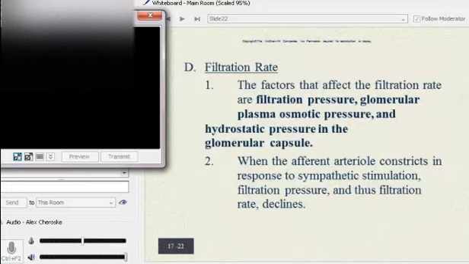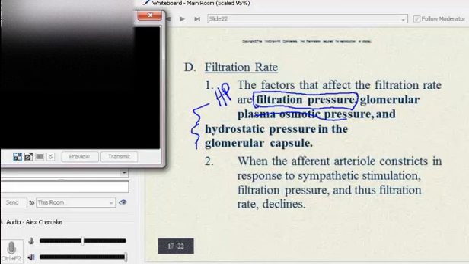Okay, so in essence, I wouldn't worry about all these things that we see here. What it's saying is that we have all these different pressures involved, some of them going out, some of them going in. But we said that in truth, that blood hydrostatic pressure, HP, is so high that it basically overcomes any of these other ones, okay?